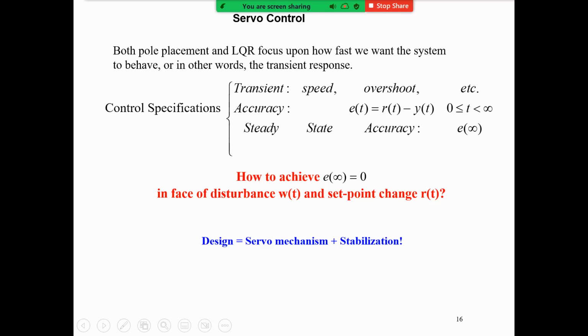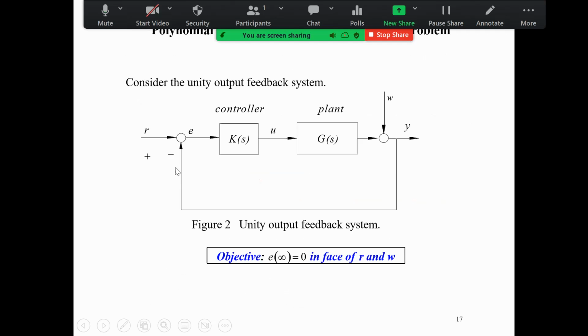You have to put them together to achieve the goal. Then we present two solutions. For the single input, single output system, we can use the output feedback. For the multiple input system, we use the state feedback. Then we'll talk about the polynomial approach for the single input, single output case.